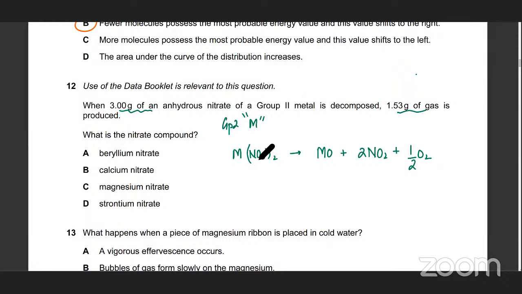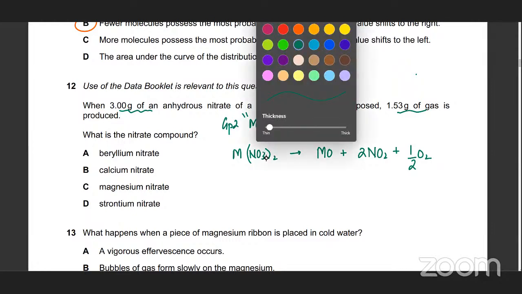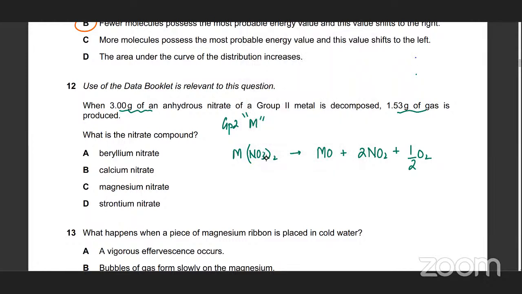The other more generic approach would be that just take metal nitrate and अच्छा इसका क्या करना है? इसका what you have to do is take the metal nitrate and how many grams is this? This is 3 grams, right? How many grams, what mass of gas is being produced? That's 1.53 grams. So this over here is 1.53 grams.